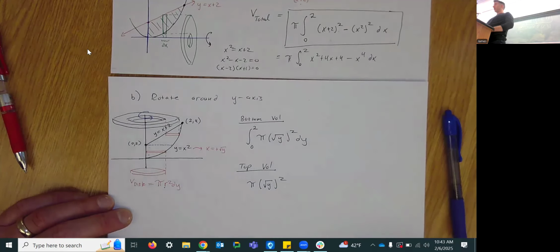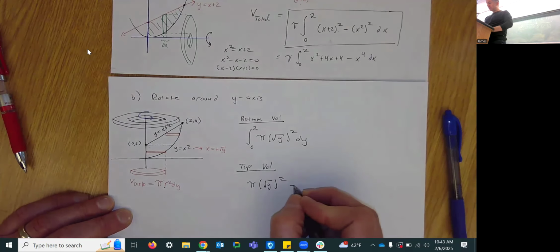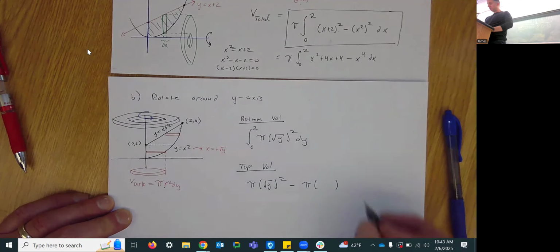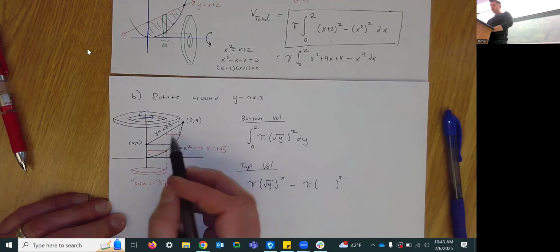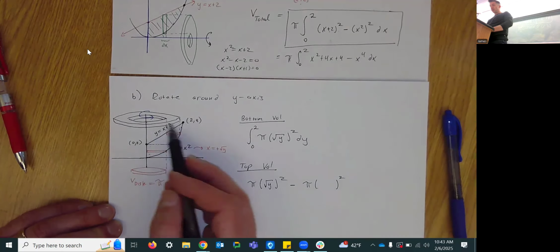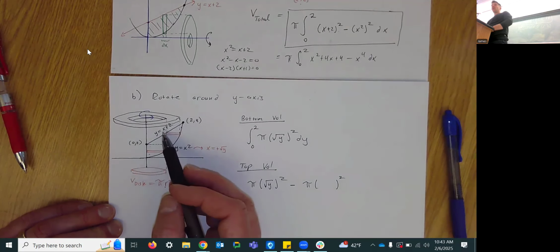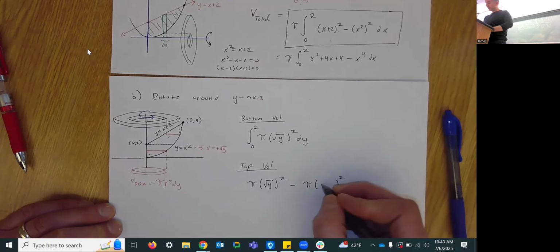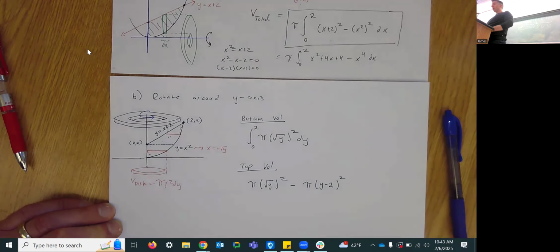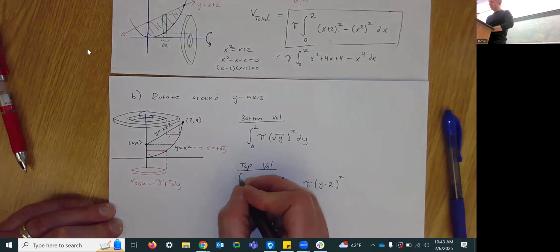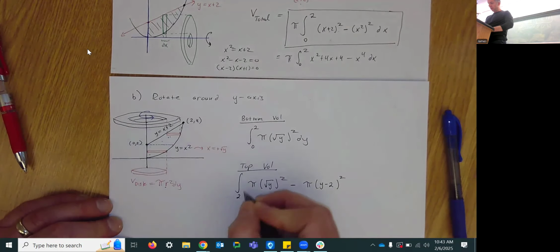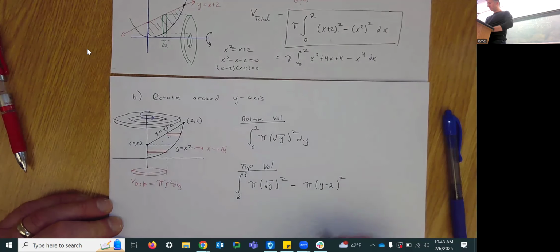That's my outer area, minus pi times the inner function squared. My inner function, the boundary is the line y equals x plus 2. So if I solve for x, it's going to be x equal to y minus 2. And then we integrate all of that from y equals 2 to y equals 4. And don't forget the dy.